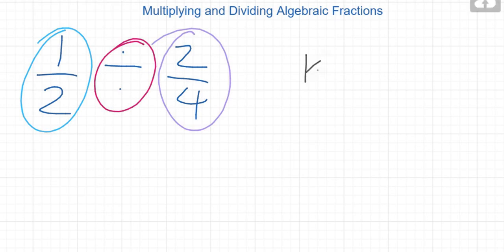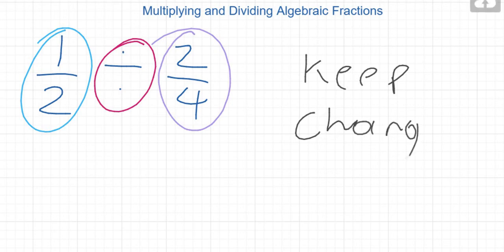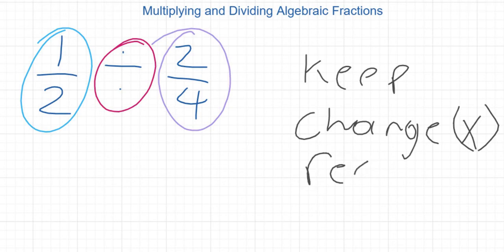So we keep the first fraction, we change the sign to multiplication, and we find the reciprocal, or we could say flip.